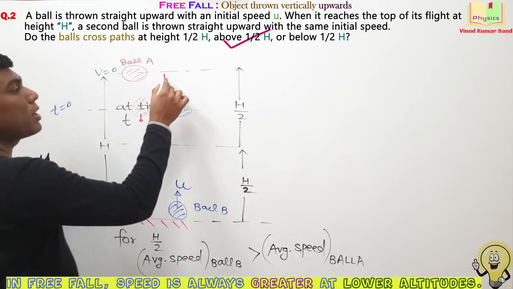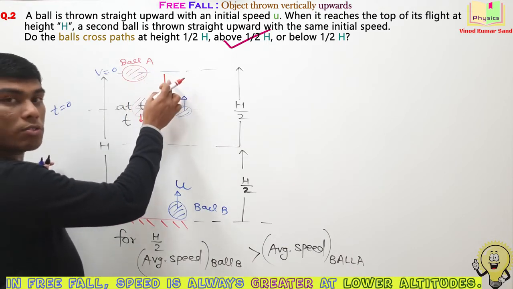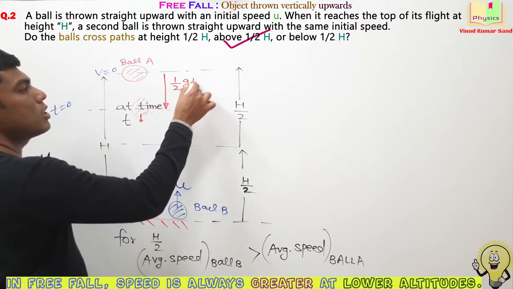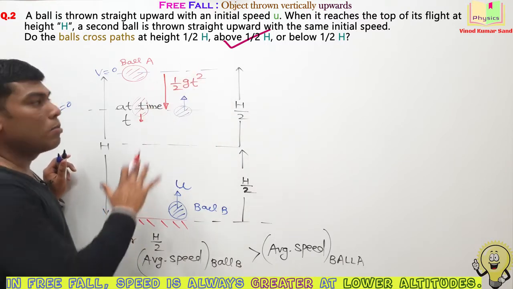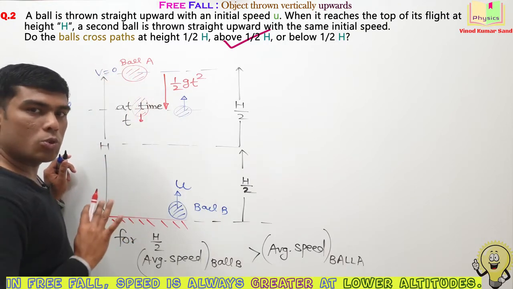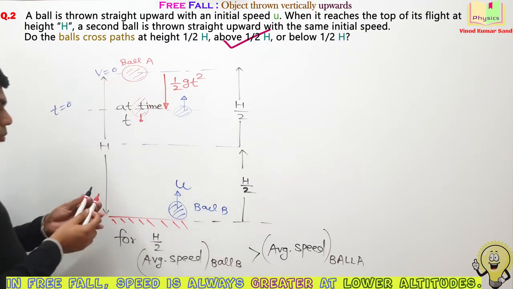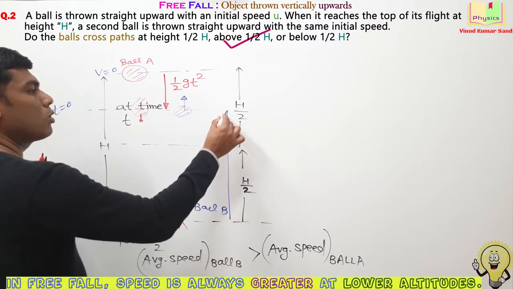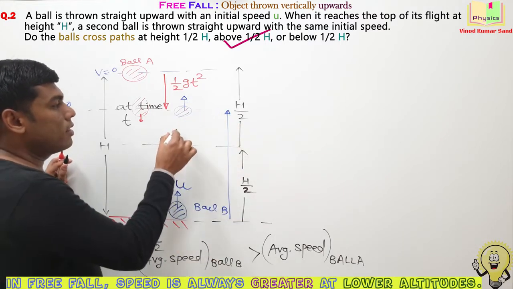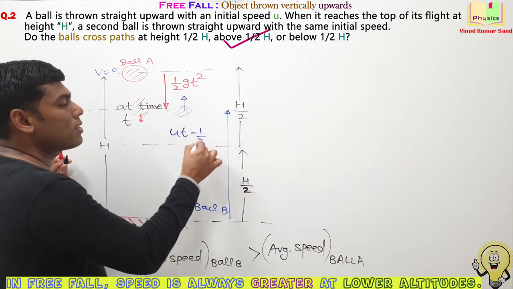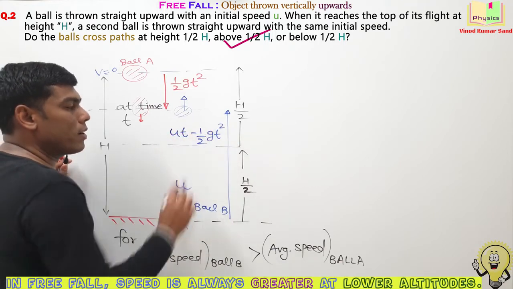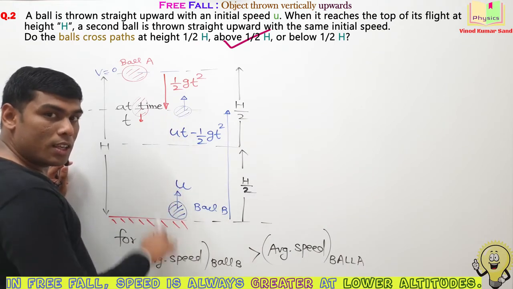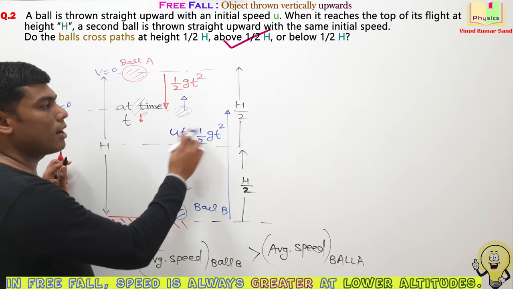This distance will be equal to ut plus half at square, and half into acceleration is g into t square, because it starts from the rest, so u part is 0. And for ball B, if you want to compute this distance, what you should write? You should write this as ut minus half gt square. For ball B, initial velocity is upward, but the acceleration is in the downward direction, so their signs are opposite.